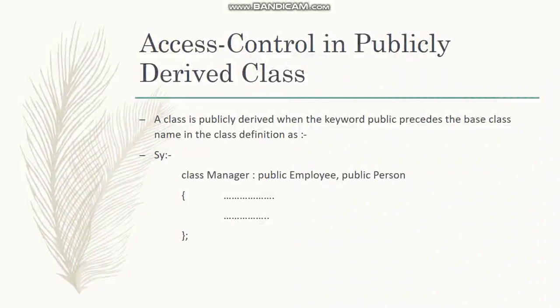The private members of the base class, however, can be accessed indirectly using public or protected member functions of the base class, since they have access privilege for the private members of the base class. So this is how each section of the base class can be accessed by the derived class.